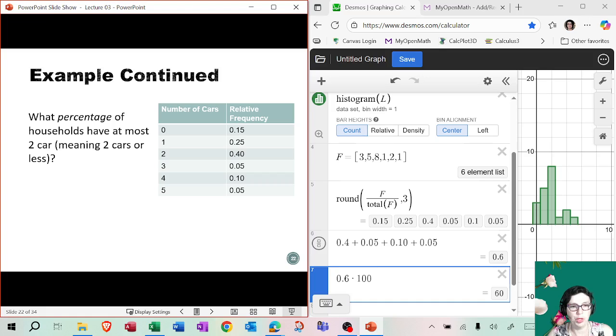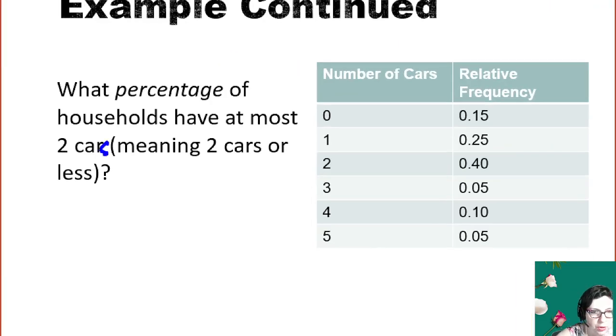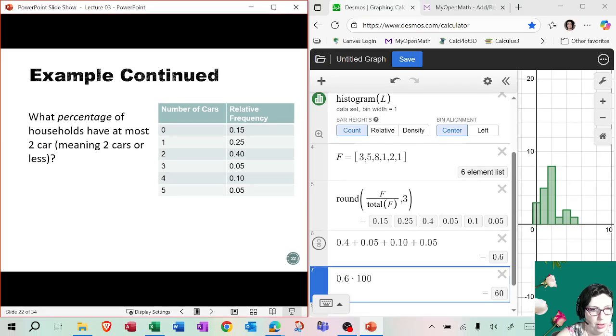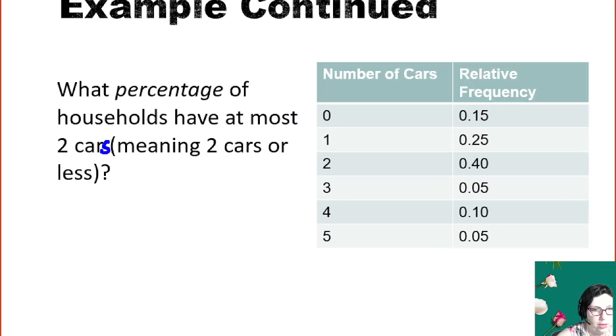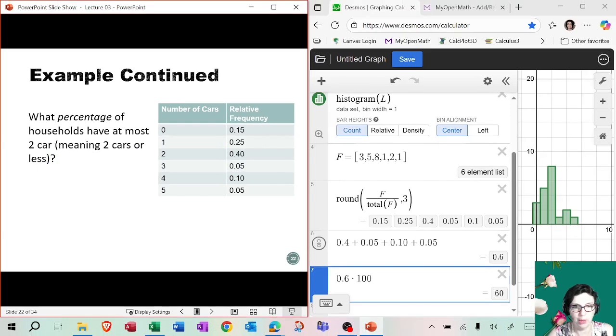Finally, if it says what percentage of households have at most 2 cars? Now, at most 2 cars, the s is missing, I need to fix this. Okay. So what does that mean, at most 2? At most 2 is 2 or less. So this means that we're going to be highlighting the relative frequencies at 2, 1, or 0 and adding them up.